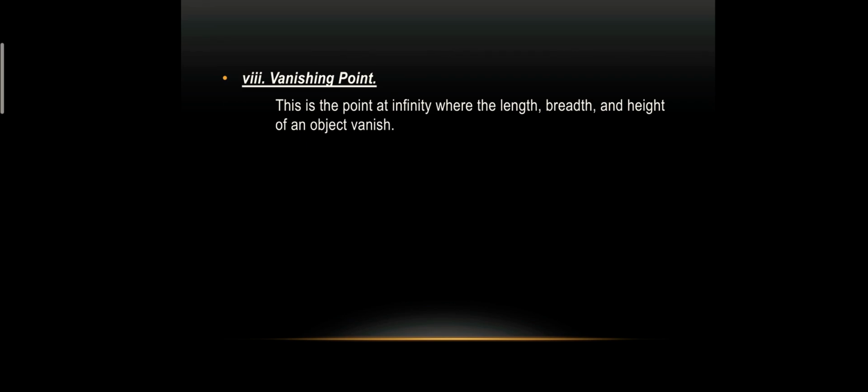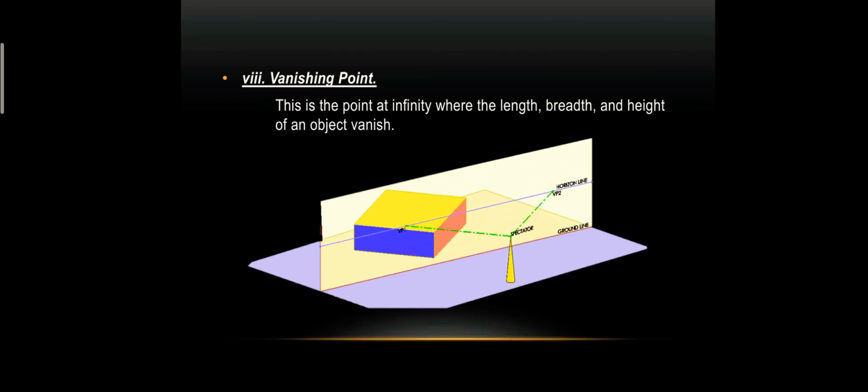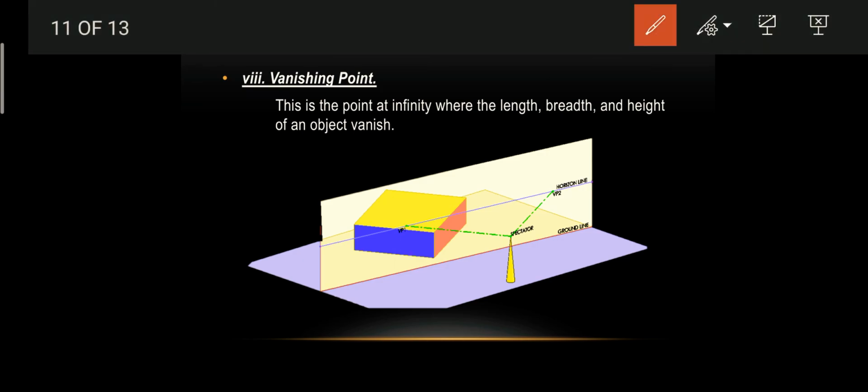Next is vanishing point. This is the point at infinity where the length, breadth and the height of the object vanish. Okay, here is a spectator who is seeing the object, and the object is here.